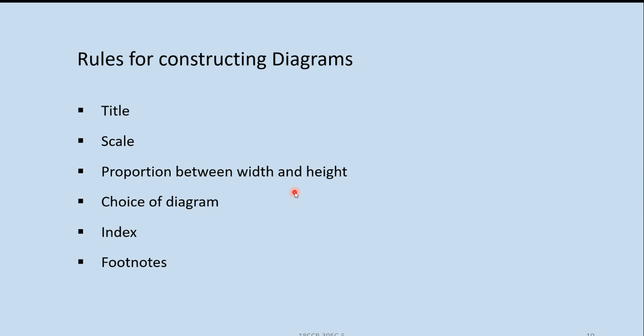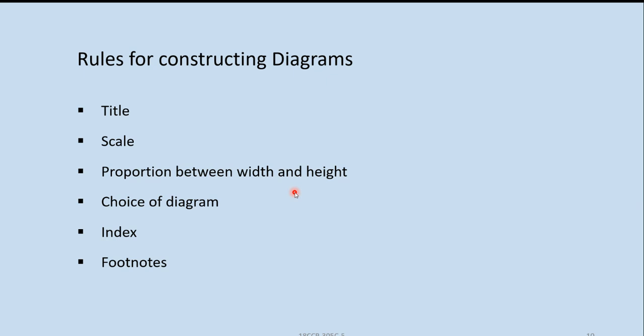Scale. Scale means the length and breadth of the diagram, how complex data is presented on a small paper. For data, you may have 4 or 5 pages, but when it comes to a diagram, you give it in a maximum of 1 page.